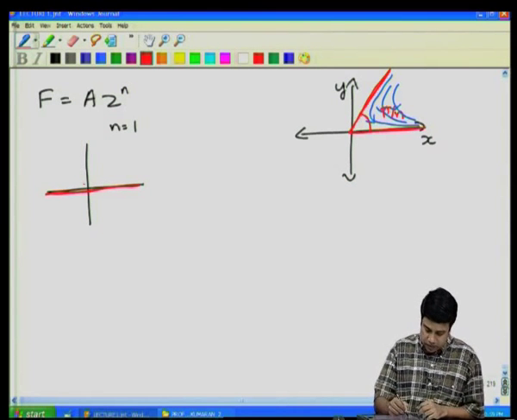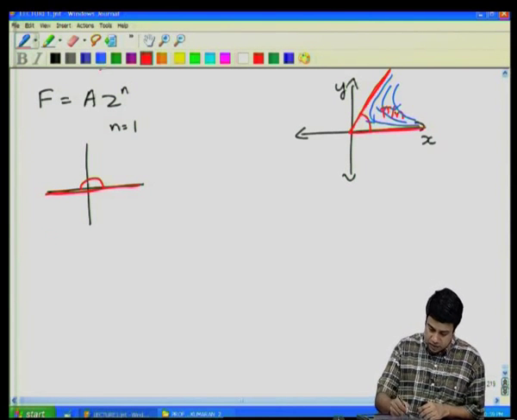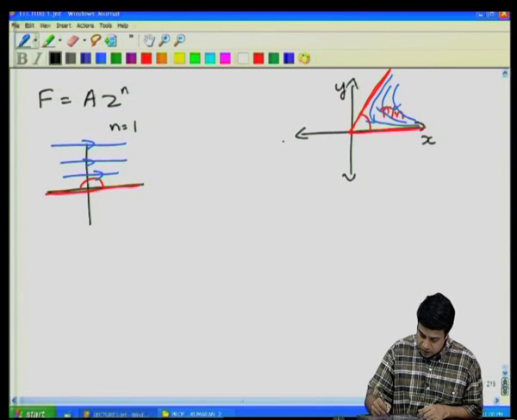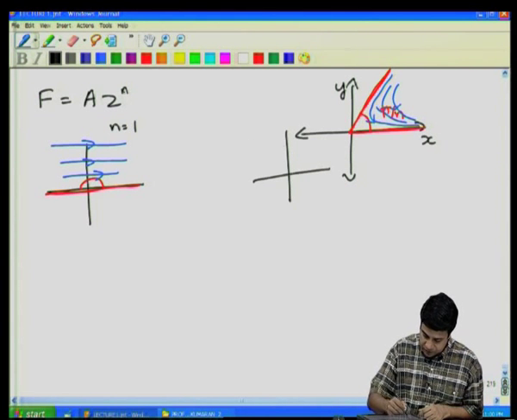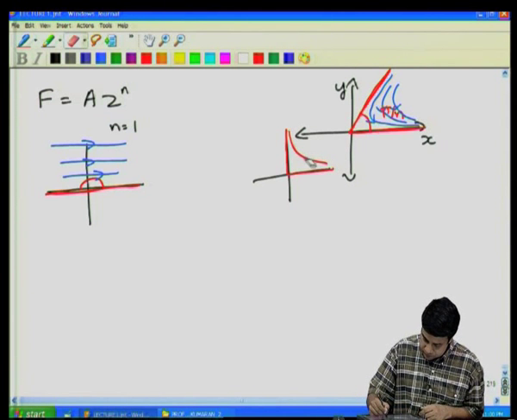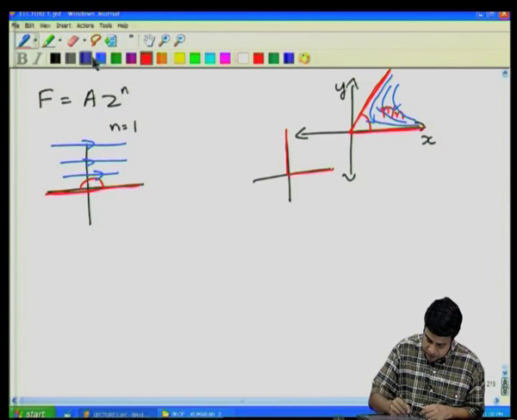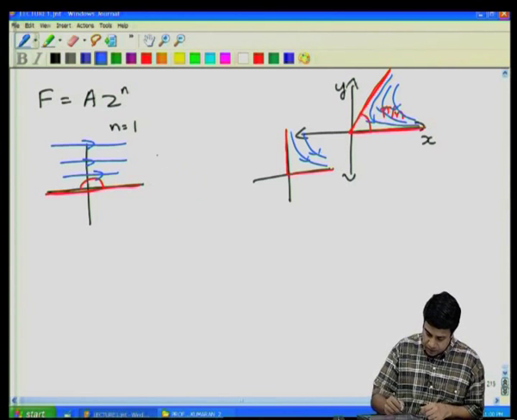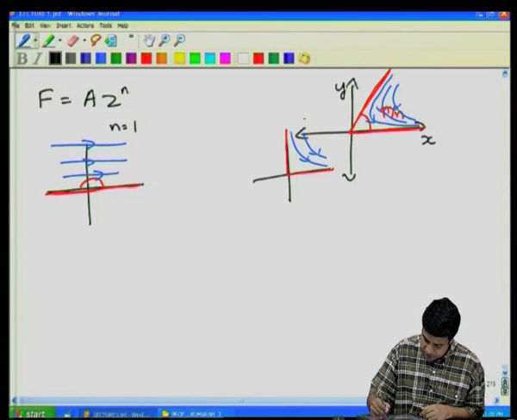The angle is just pi, and the velocity streamlines look straight. For n equal to 2, you get an angle that is a right angle. Looks like this. And the velocity field looks something like this. Okay. Between 1 and 2, this is n equal to 2.